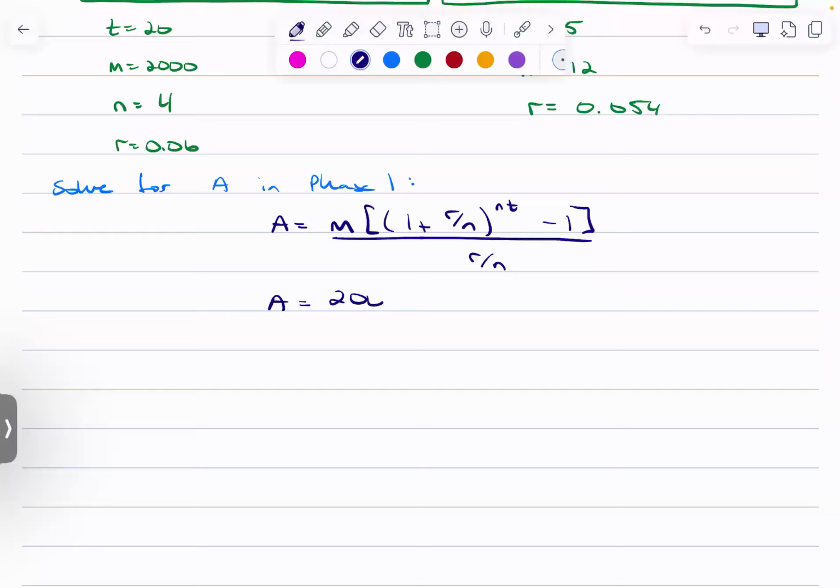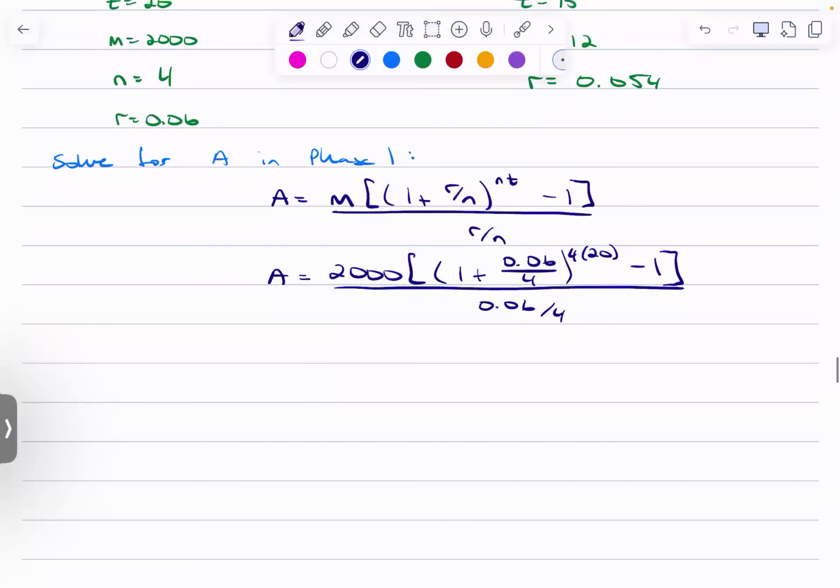A is 2,000 times 1 plus 0.06 divided by 4, to the power of 4 times 20, minus 1, divided by 0.06 divided by 4. 0.06 divided by 4 is just 0.015, but I'm just going to go for it. Plus 1 to the power of 4 times 20.